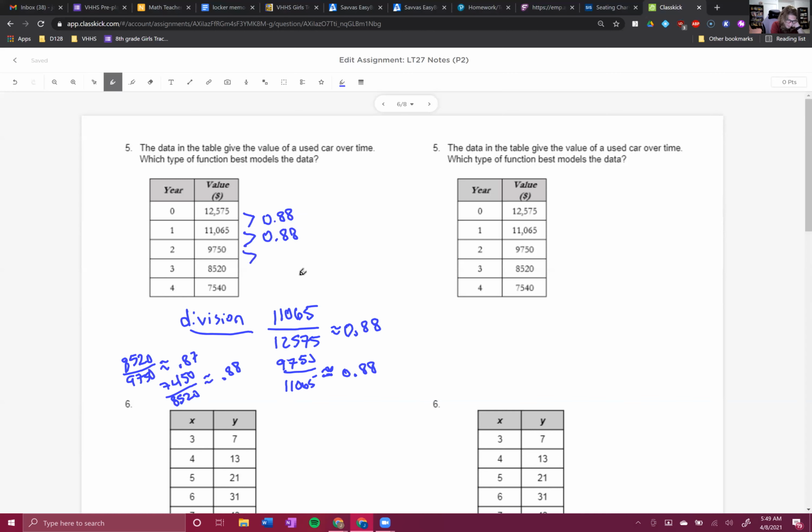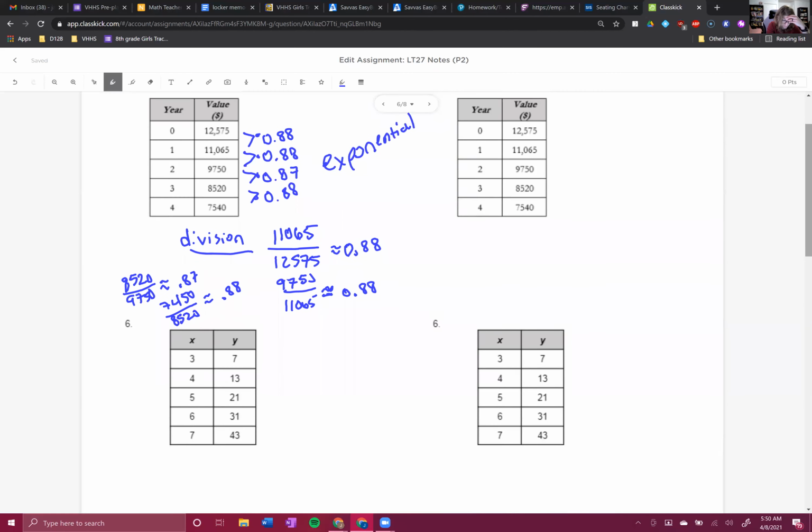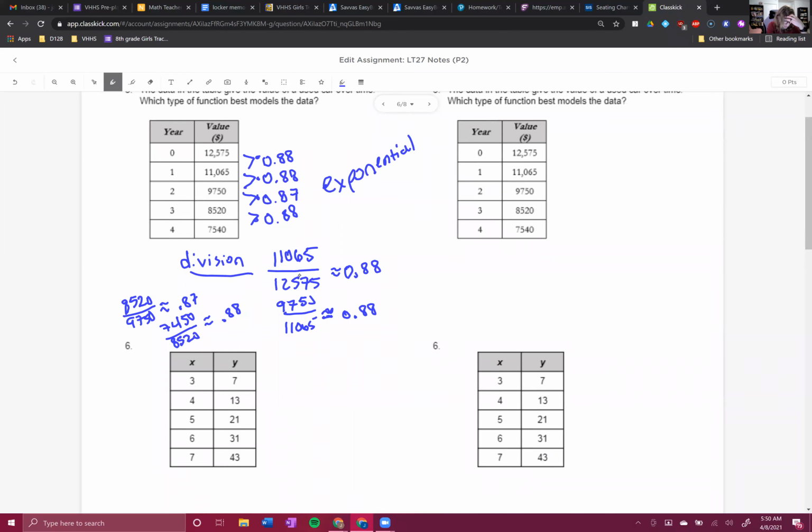Multiply that by about 0.87 or 0.88, you get about 8,520, and then 0.88 again gets you the last one. It's not going to be perfect with real world data, but this fits an exponential pattern pretty well. Took a lot of work using division to figure that out.